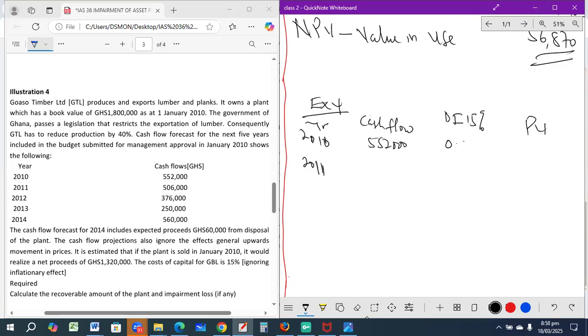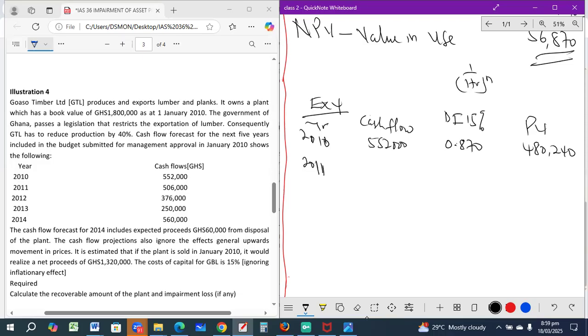We are still using that 1 over (1 plus r) raised to the power n. 2010 will be year one, 2011 year two, 2012 year three, 2013 year four, 2014 year five. So year one is how much? 0.870. Okay, so 0.870 multiplied by 552,000 is $480,240.